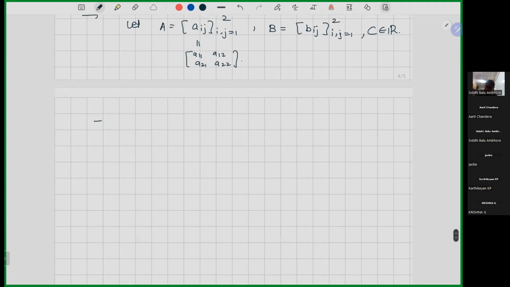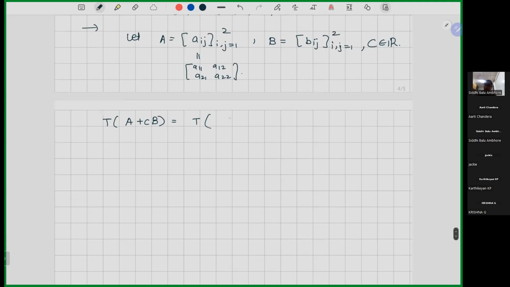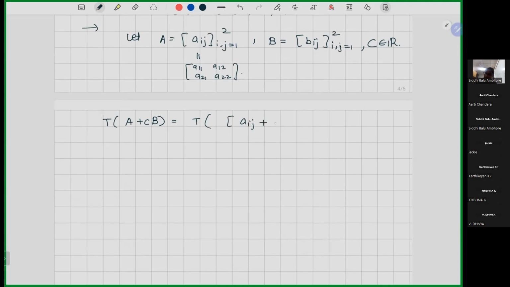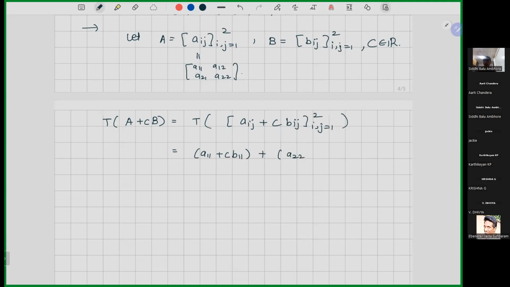So consider this T of A plus cB, and what will this be? T of, when I add this, I will get this matrix (aij + c bij), i, j from 1 to 2. And the trace will be the addition of just the diagonal entries. Okay, so the addition of diagonal entries will be what? a11 plus c b11 plus a22 plus c b22. See the subscripts where i and j are equal are the ones on the diagonal.